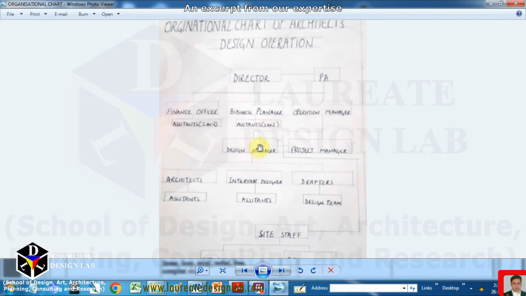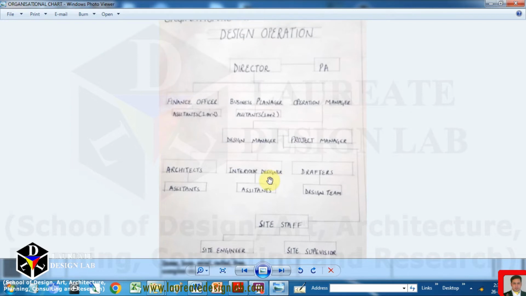Now, design manager is working under whom? Operation manager. Even project manager is working under operation manager. But they are on an equivalent post. Now under design manager you have architects.